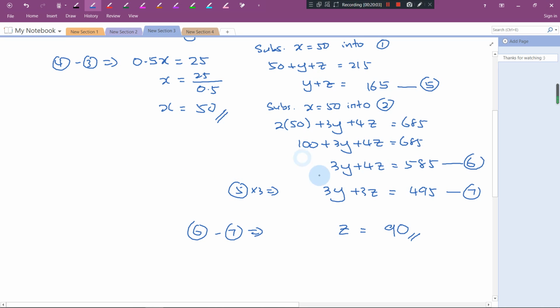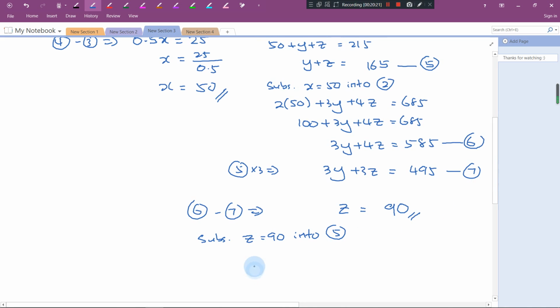Now I have the value of x and the value of z. I think I just take this one, substitute into here to get the y easily. So substitute z equal to 90 into equation 5. Y plus z, which is 90, is equal to 165.